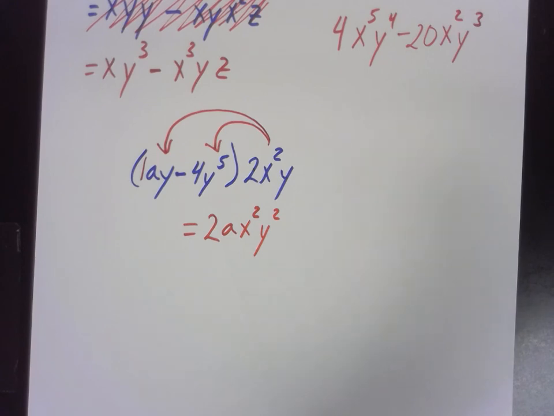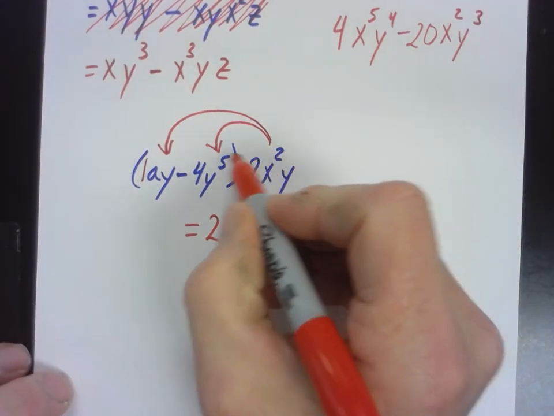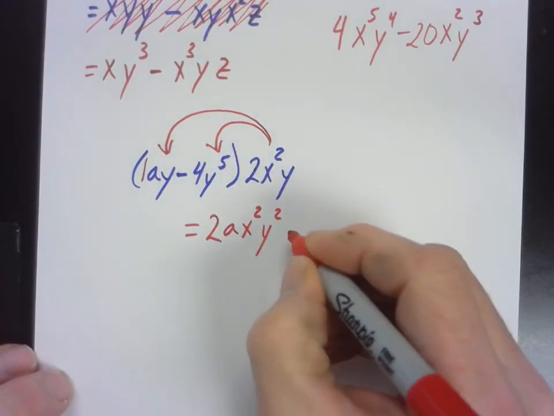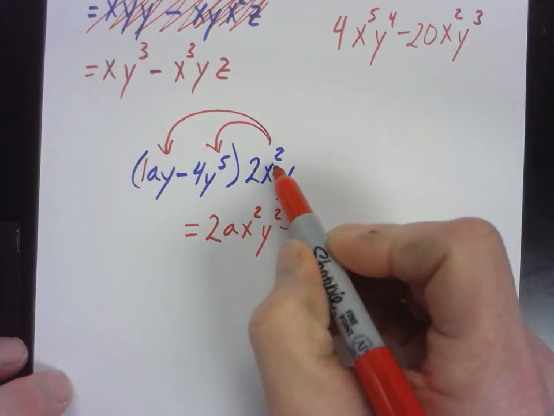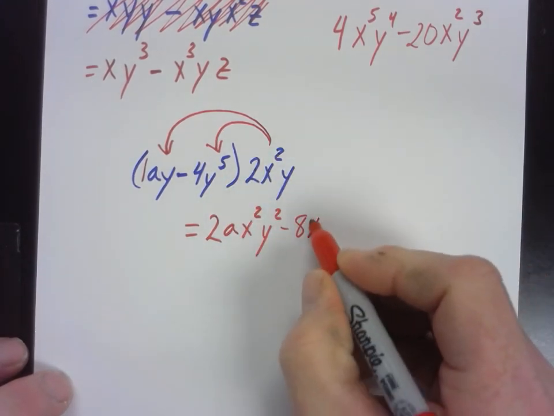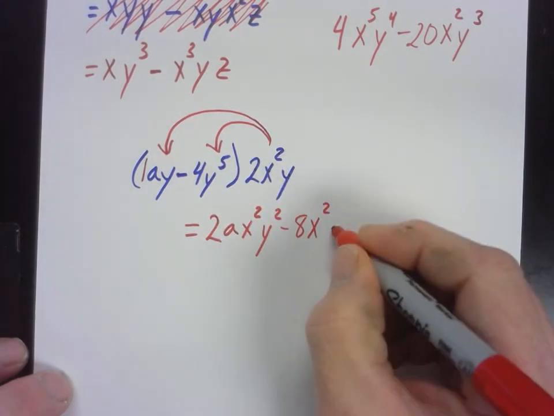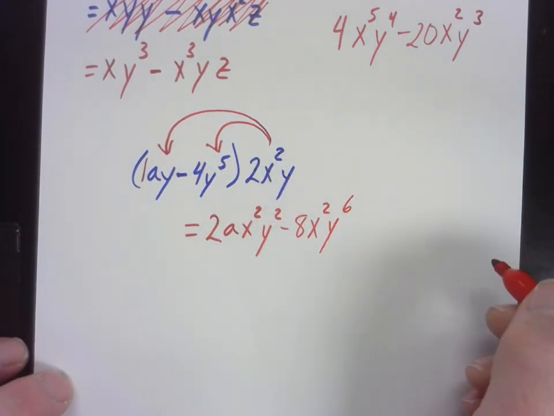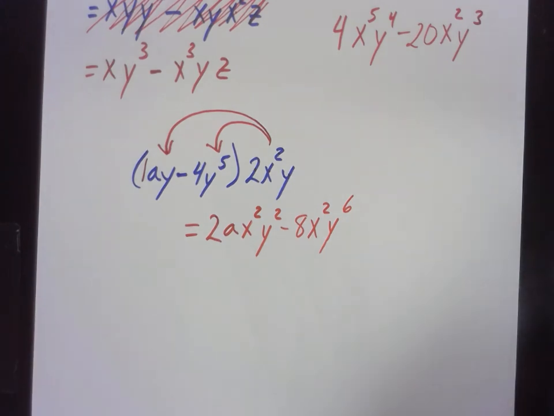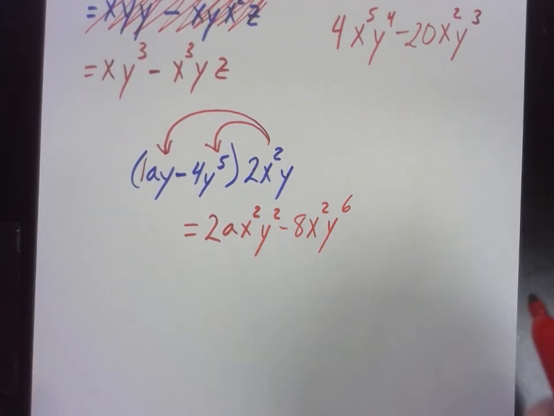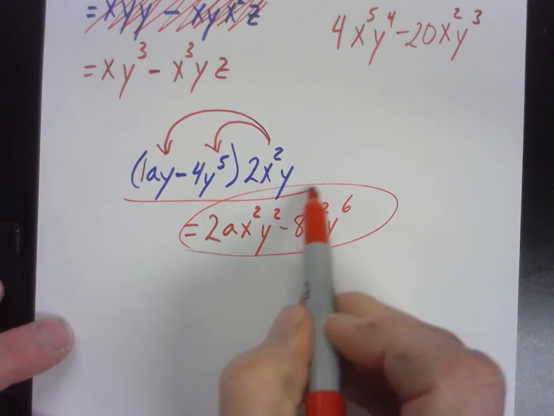Getting it? Yep. Okay. And then 2 times -4, that's -8. And then x squared times it, that's x squared. And y times y to the 5th, and y to the 6th. So we're just adding those together. So, I don't know, does this look much better than what we started with?